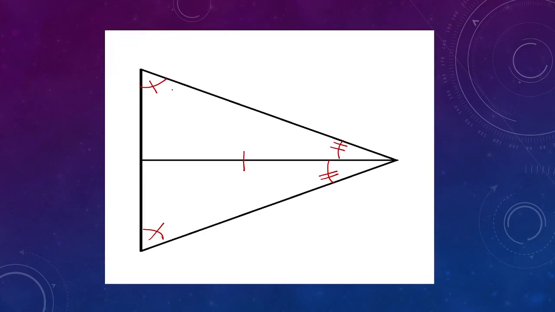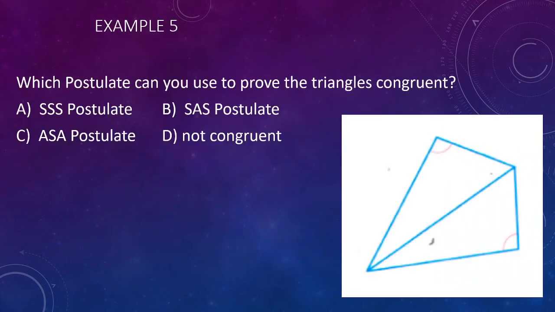Angle, side, angle. Dili niya siya pwede angle, side, angle. Kay ang angle, side, opposite. Wala man ang congruence din ha. Okay? Let's have this one.